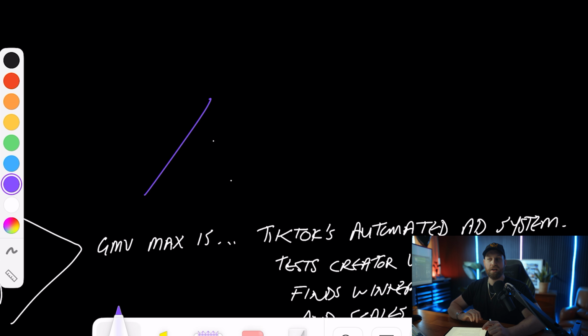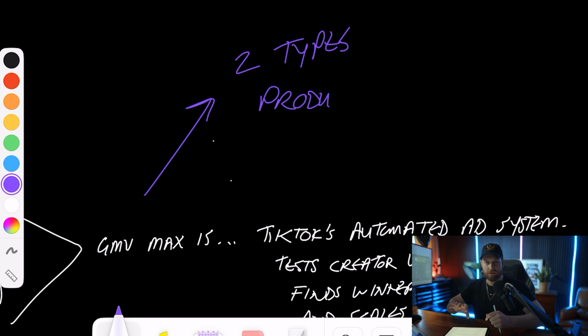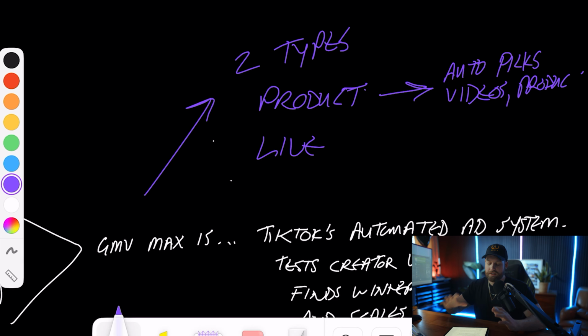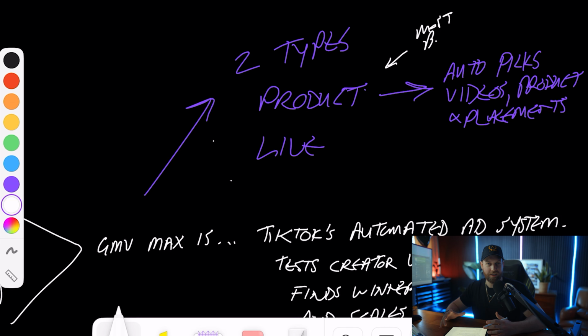Now, there are two types of GMV Max. There is product GMV Max and live GMV Max. Product GMV Max automatically picks videos, products, and placements on TikTok, and this is what most brands use.